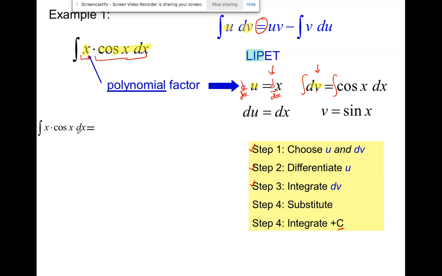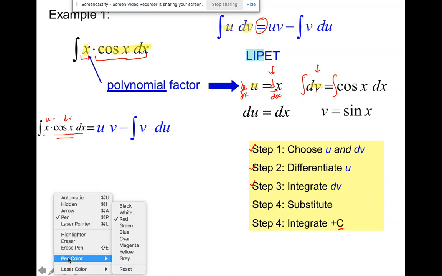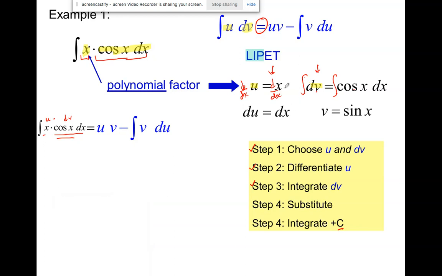So x cosine x dx, I rewrote to be u dv. So I can rewrite it as the product of uv minus the integral of v du. Multiply u and v minus the integral of v du.